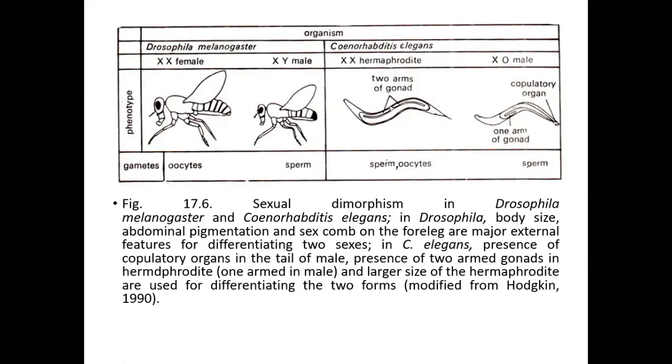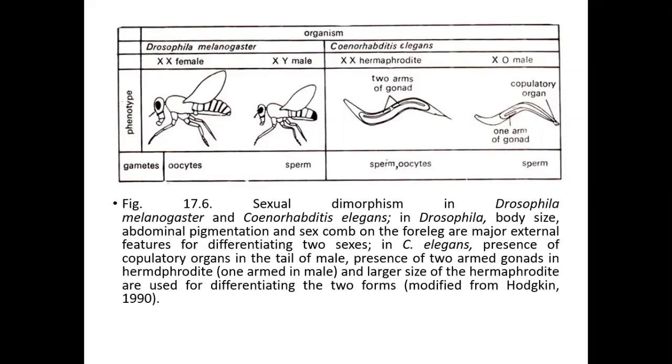In this case, an X to A ratio of 0.67 or less leads to male sex, unlike 0.5 in Drosophila, and a ratio greater than 0.75 leads to hermaphrodite. The ratio in Drosophila is 1 for normal, but in the hermaphrodite nematode it is 0.75. If that ratio occurs in Drosophila, it is called an intersex.